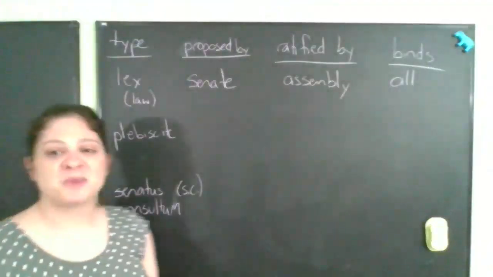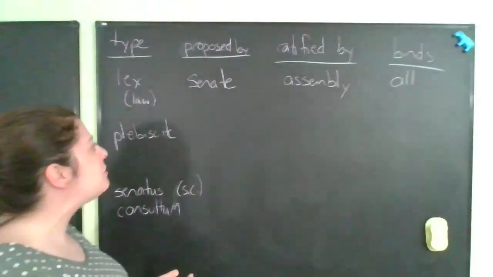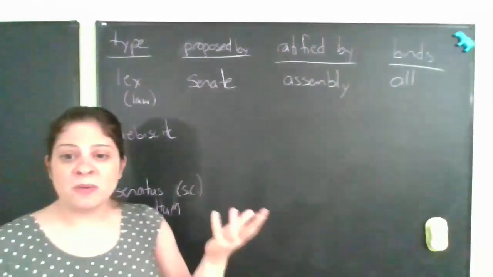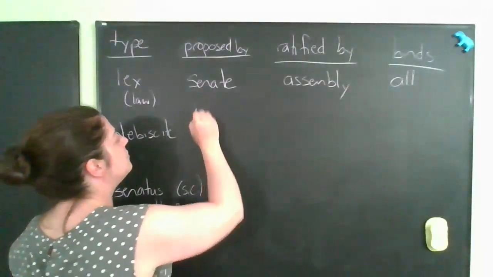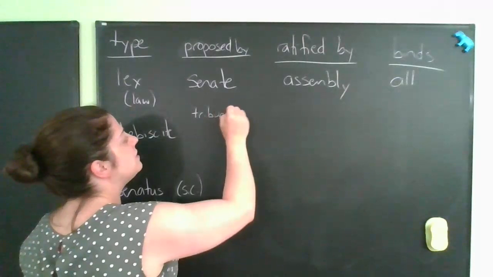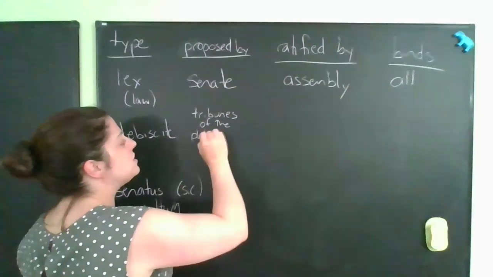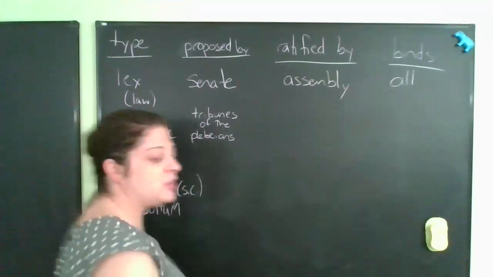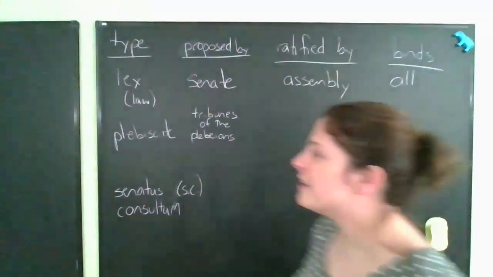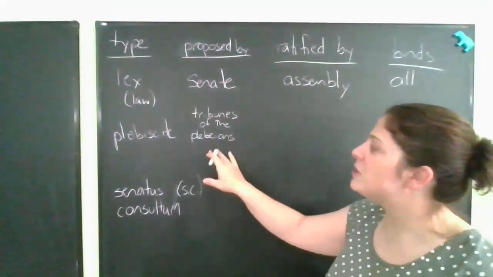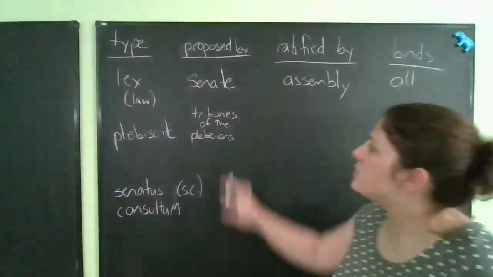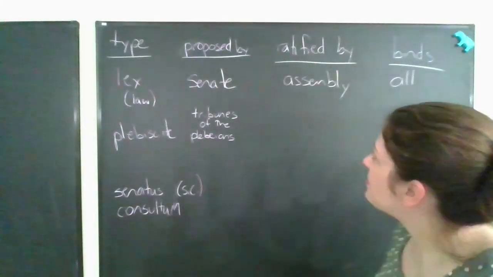The plebiscite is more complicated, as we saw. So the plebiscite is proposed by one of the tribunes of the plebs. We see that's a magistrate who has to be a plebeian, who looks out for plebeian interests, and among their powers is vetoing a lex that they don't like, that they think hurts the plebeians. The other thing they can do is introduce proposals of a plebiscite.